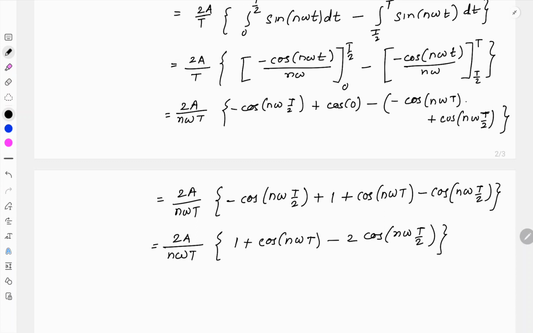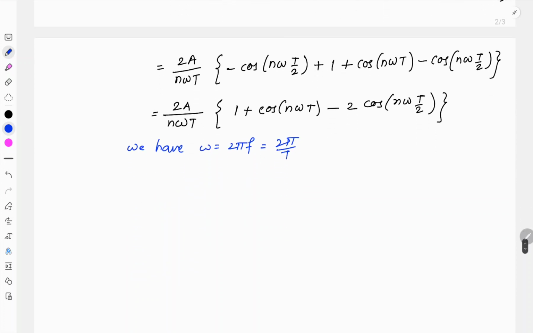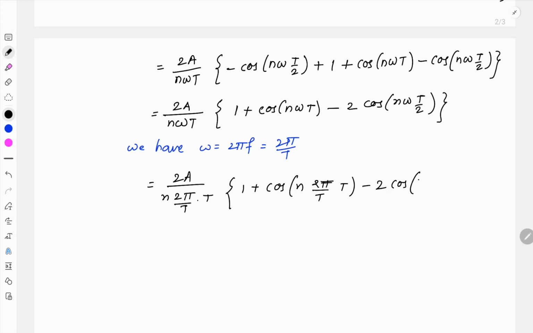Now again substitute the value of omega. So we have omega equal to 2 pi f, which is equal to 2 pi by t. So if we substitute these values, here it becomes 2a upon n 2 pi by t into t, 1 plus cos of n 2 pi by t into t, minus 2 cos of n 2 pi by t into t by 2.